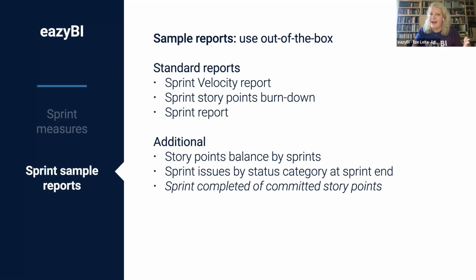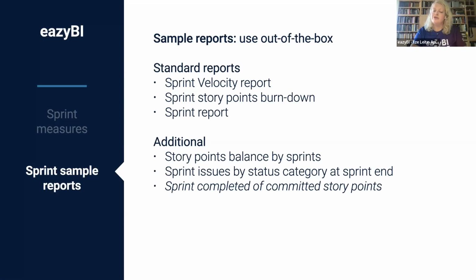So I hope that you all know the standard sprint reports like sprint velocity report, sprint story points burn down, and sprint report. Additionally, we have added the story points balance by sprint, sprint issues by status category at sprint end, and sprint completed of committed story points. It was added in the last eazyBI version.